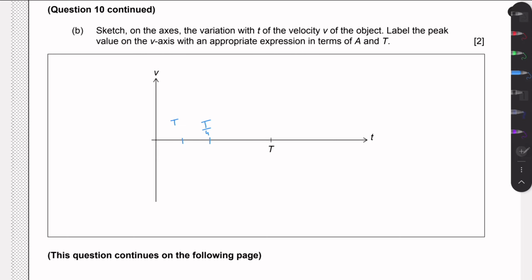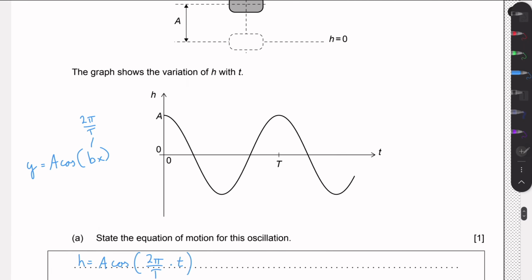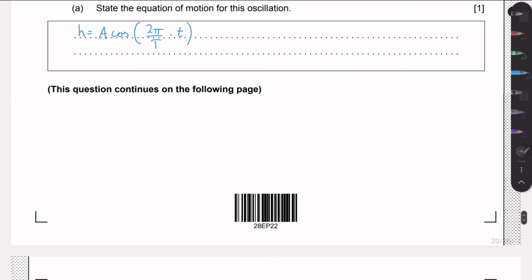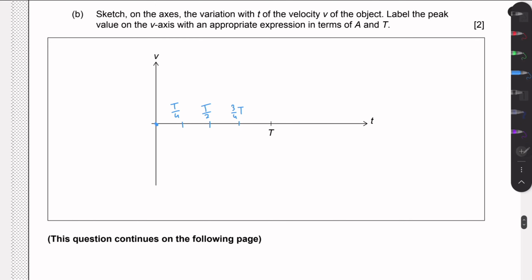So that's T over 2, this will be T over 4, and this will be 3 over 4 T. We know at the start we have 0 speed as we're at the maximum height. Then after a quarter of the period we'll be at the middle, so that's going to be a maximum magnitude of velocity, but it's going to be negative as we're moving down. After half a period we'll be at the bottom of the oscillation, then we'll have a maximum speed again, and then 0 again.